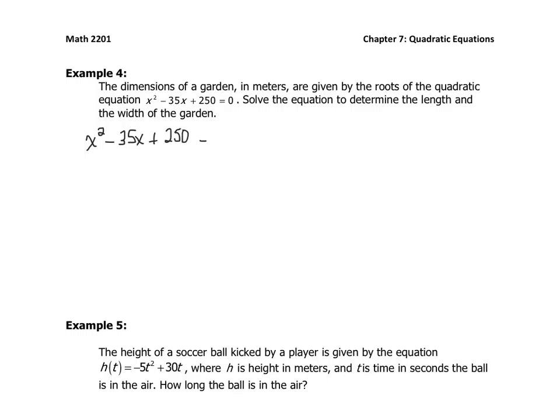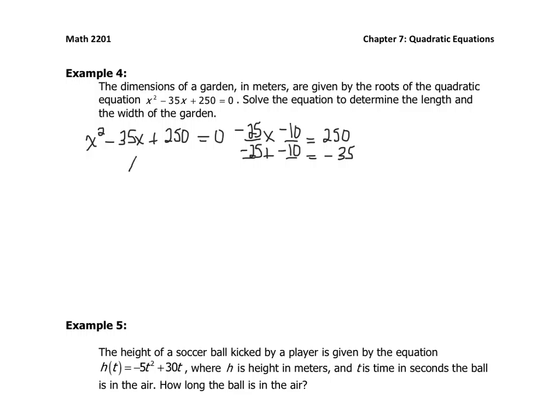So if we're going to factor that, you'd have to come up with two numbers that multiply to give you 250 and add to give you negative 35, which would have to be negative 25 and negative 10, which multiply to give you 250 and add to give you negative 35.